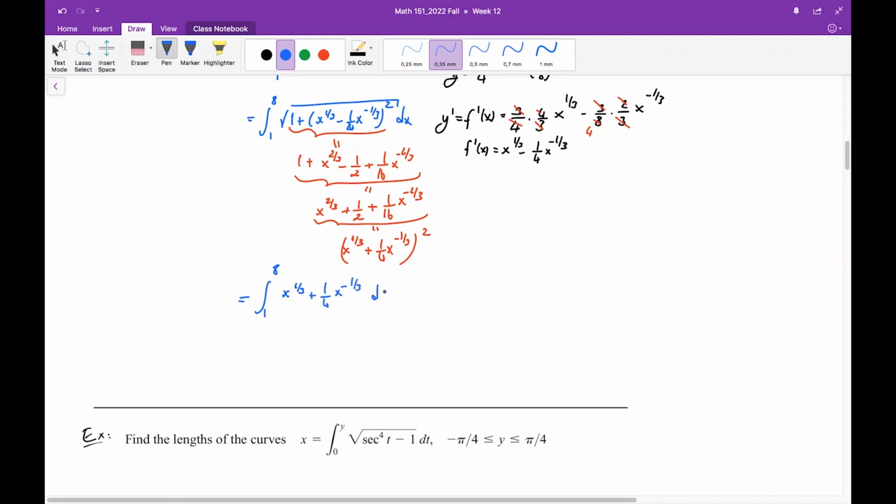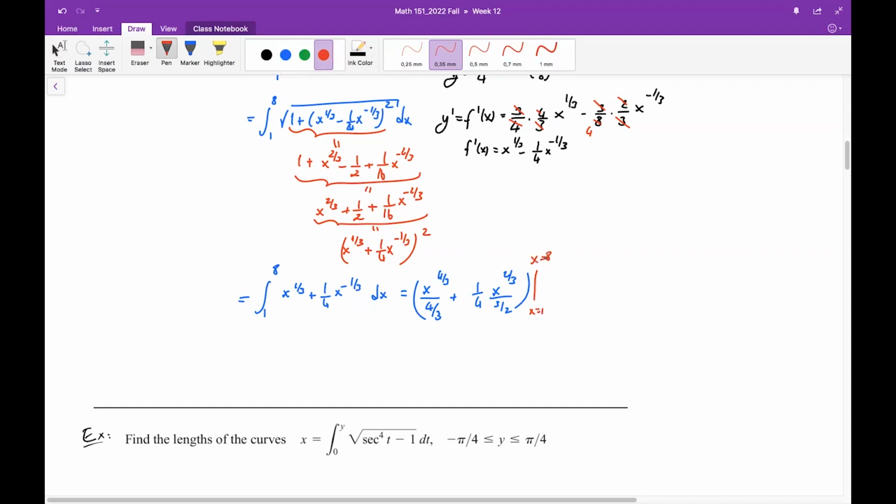Okay, so these are all power functions now, which can be integrated easily. So add 1 to the power, divide by the same power. Similarly, add 1 to the power, divide by the same power, and then insert your upper and lower boundaries, x equals 1 to x equals 8, okay?